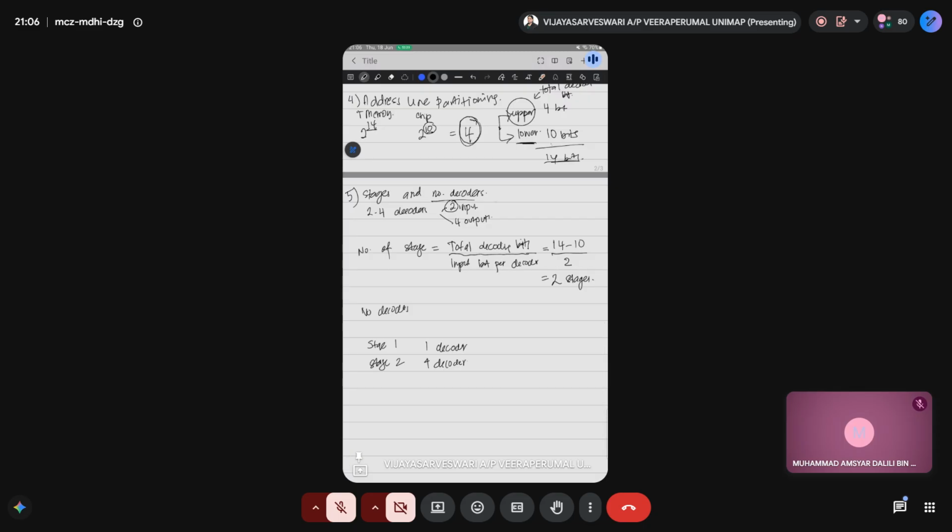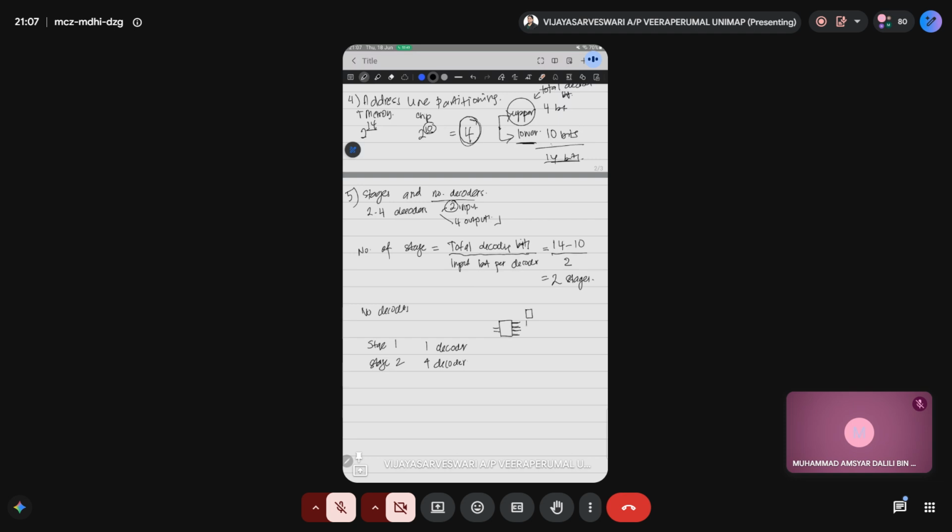Because if you see here, a 2 to 4 decoder, the first decoder will take 2 inputs and give 4 outputs. Since we have 4 outputs, in the second stage we also need 4 decoders.